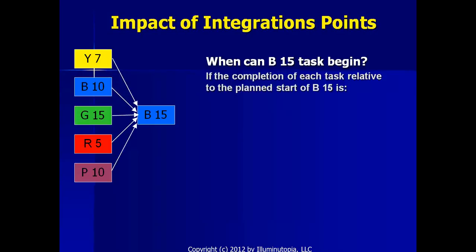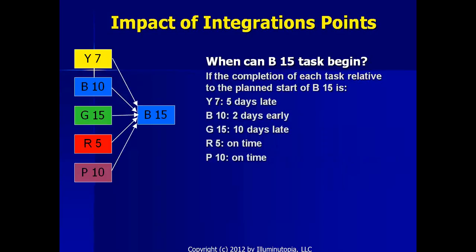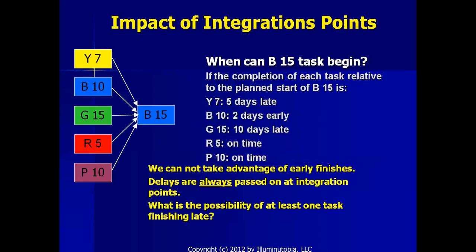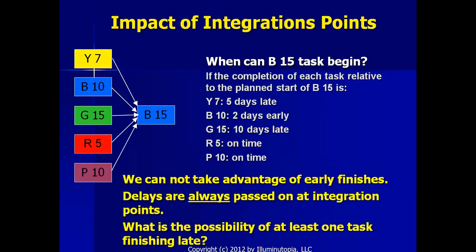If the completion of each task relative to the planned start time of task B15 is the following, then when can we begin it? Well, let's see: 5 days late, 2 days early, 10 days late, on time, it's 10 days late. We cannot take advantage of early finishes because delays are always passed on at integration points.